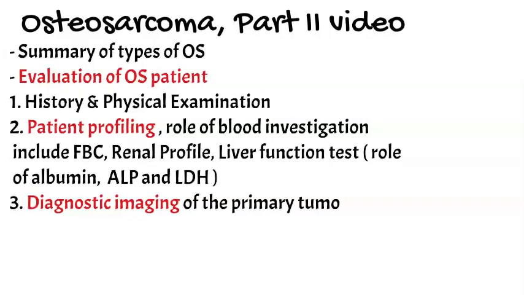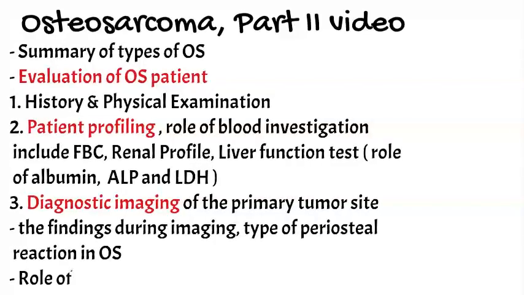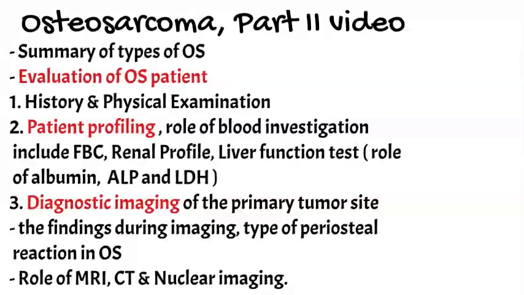Number 3, diagnostic imaging of the primary tumor site, the findings during imaging, type of periosteal reaction in osteosarcoma, the role of MRI, CT, and nuclear imaging. I hope it helps. Now let's get started.